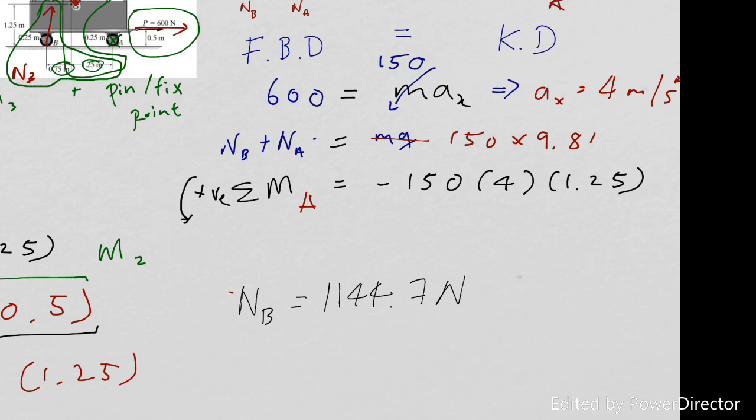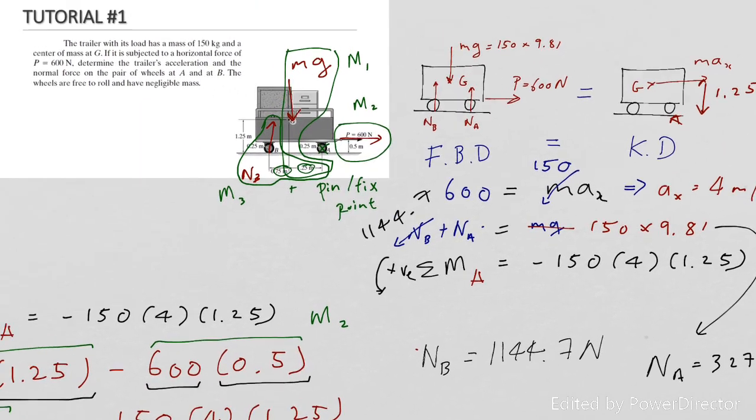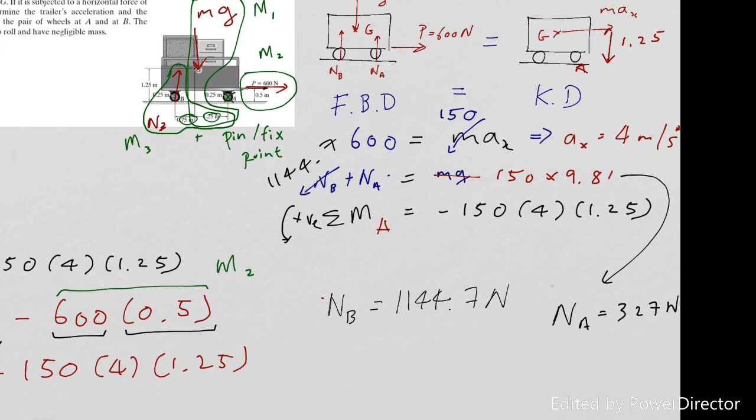Putting in NB as 1144.7, you see that in this equation I only have NA as an unknown, and I can easily calculate that. So NA gives me a value of 327 Newton. By that, I have calculated and solved this tutorial question, by calculating all this according to the procedures.